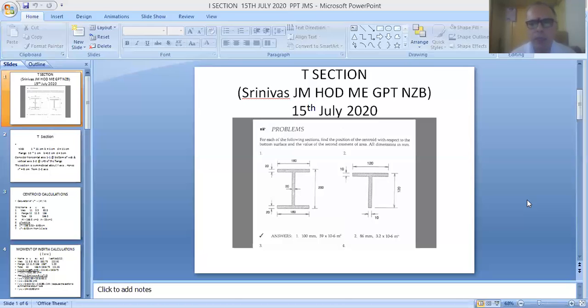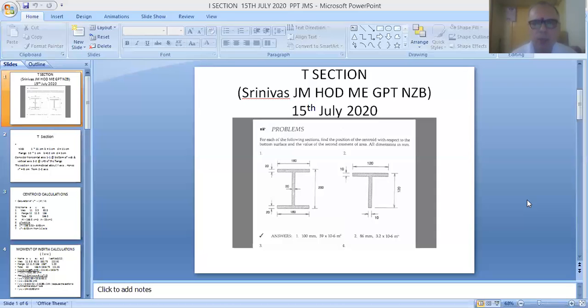Now, basically for a T section, in any case we have to divide the figure into different components, preferably in the form of rectangles. This T section is made up of two components. One is a vertical component as shown in the slide, and that is called the web of the T section.